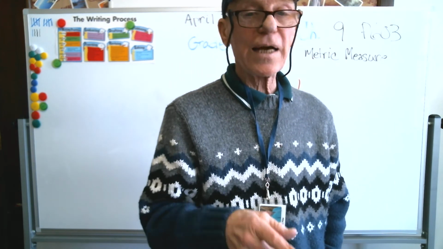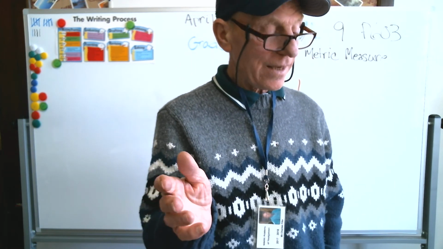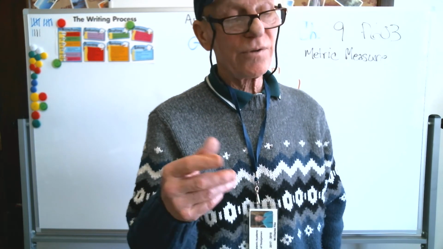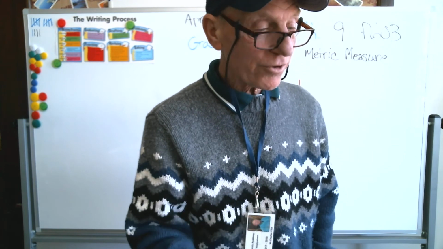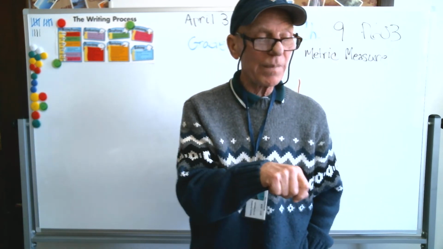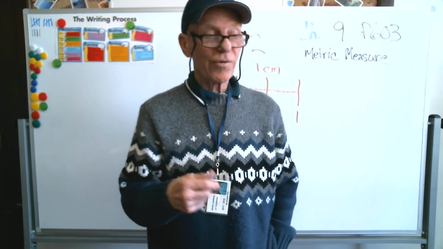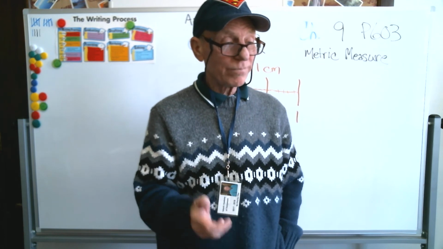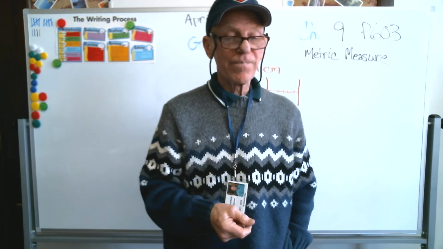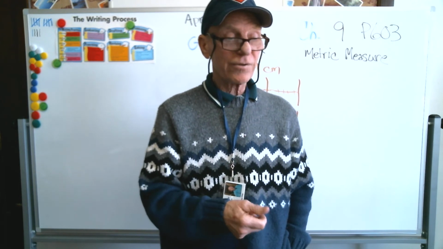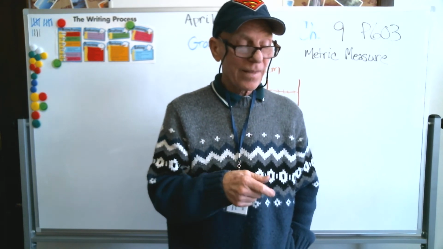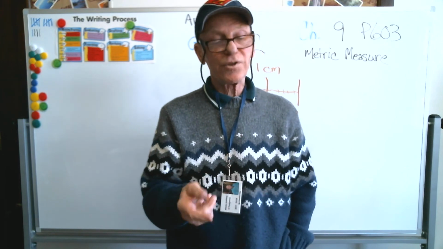So what we'll do next week, you got all weekend to do 9.1, 9.2, 9.3. Take a look at it, get your rulers out, measure some of these things, get comfortable with measuring things so that if somebody asks you to measure something, you'll know how to do it. And you'll be able to tell them exactly what the measurement is. Pretty cool, huh? And then next week, we'll do the mid-chapter checkpoint.